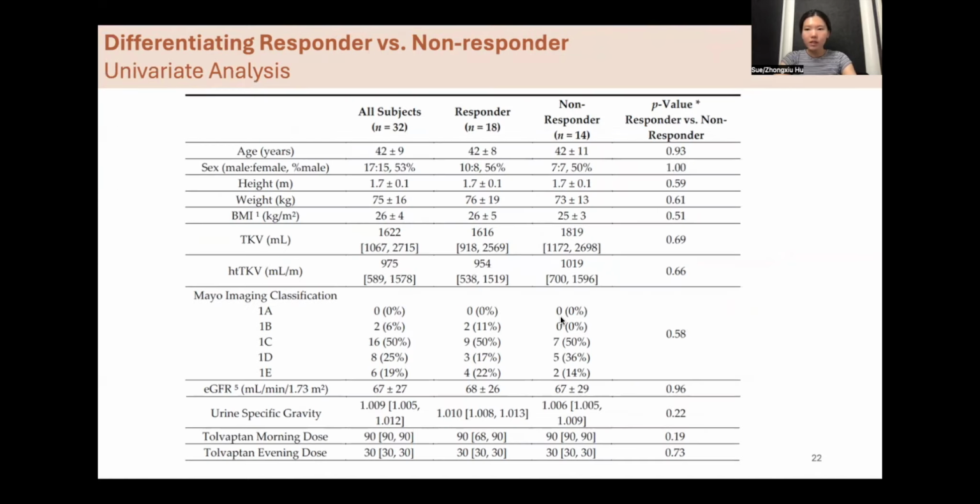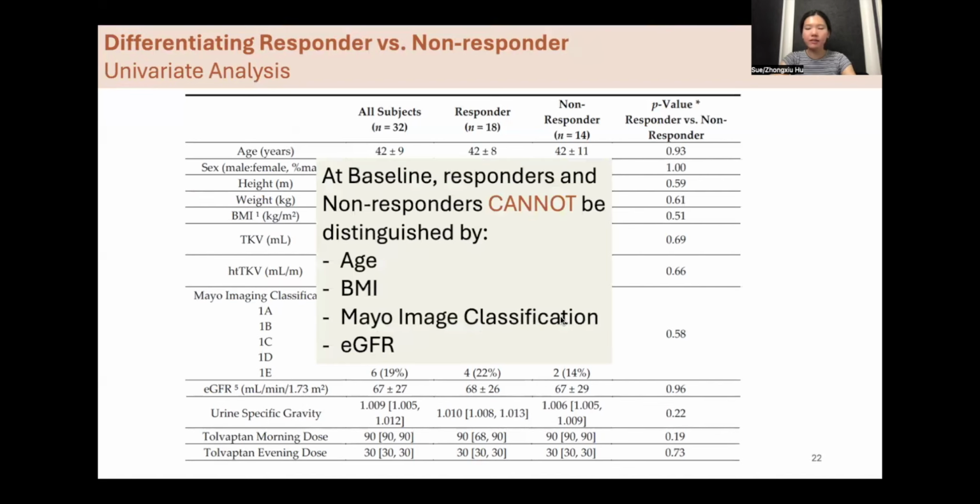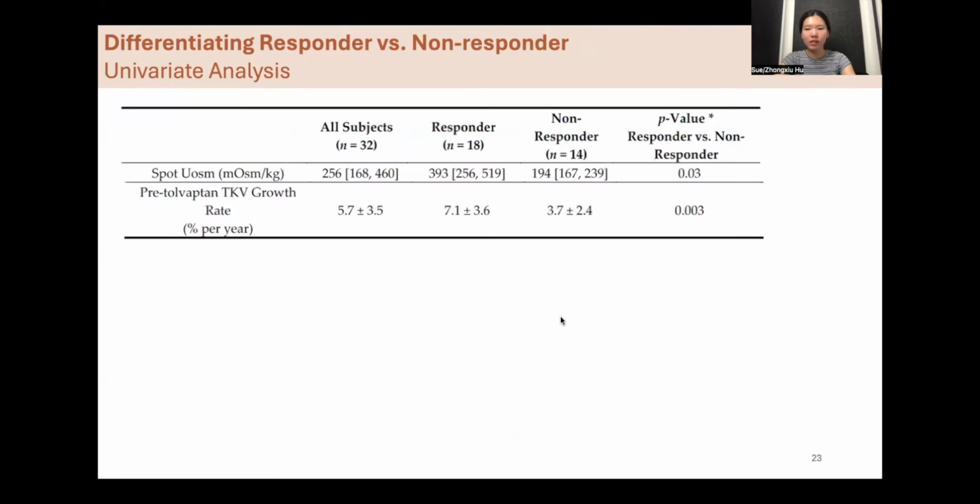We further examined the characteristics of responders versus non-responders at the time right before tolvaptan initiation. Surprisingly, age, BMI, Mayo imaging classification, and eGFR cannot be used to identify tolvaptan responders from tolvaptan non-responders.